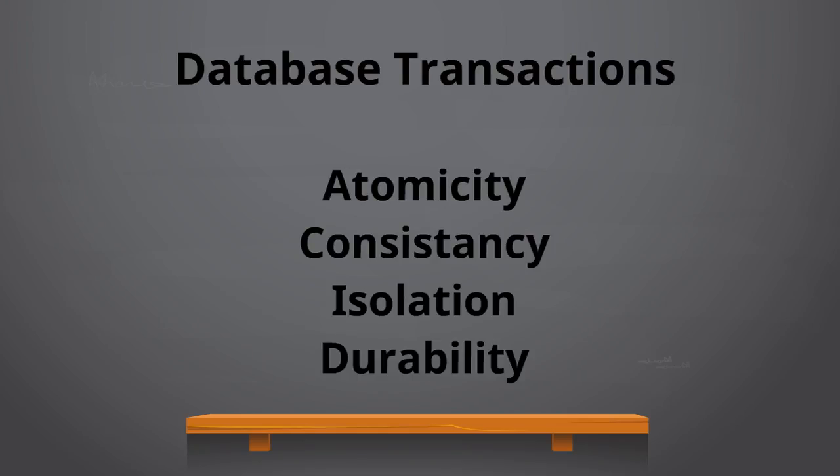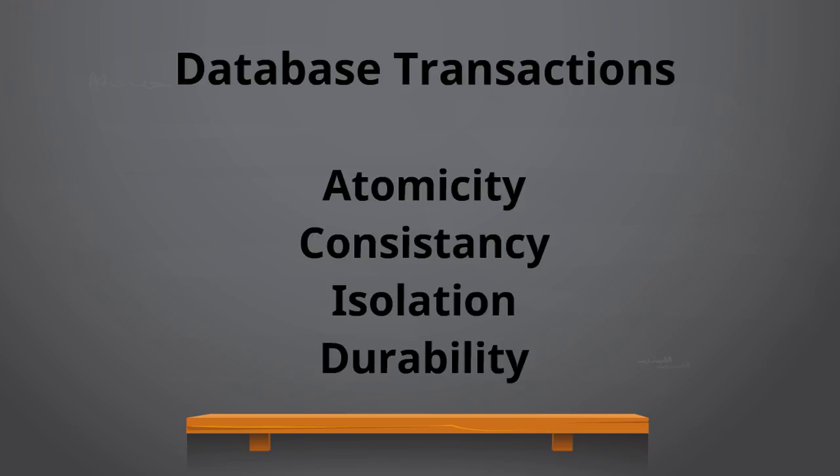All database transactions adhere to the following 4 rules, also known as the ACID properties. This stands for atomicity, consistency, isolation, and durability. As you know or should know already, a transaction in a database is a unit of execution. Atomicity ensures that this unit of execution will either occur or won't occur at all, thus preventing partial executions.